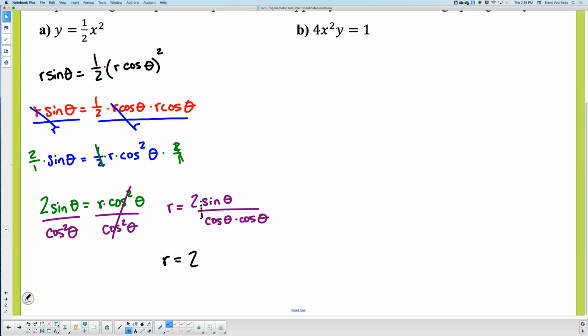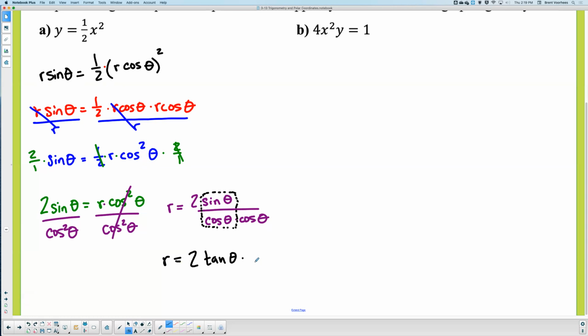Do y'all remember what sine divided by cosine is equal to? That's y over x. What's y over x? That's a tangent. And do you remember, if you're dividing by cosine, that's the same thing as multiplying by a different trig function. It's a reciprocal.